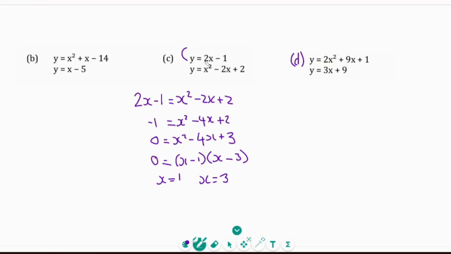I'm going to sub back into here. When x is 1, y is equal to 2 times 1, take away 1, 1.